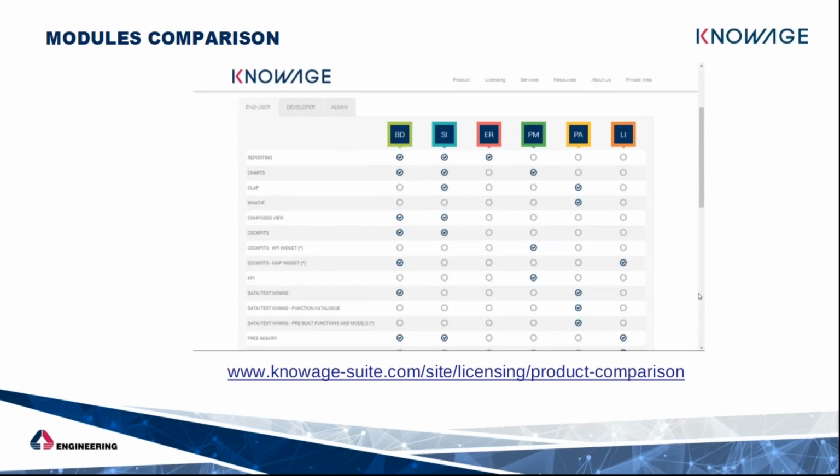The performance management concerns the ability to measure and evaluate your business performances. In particular, the keyword for this module is KPI, but not only KPI, but also the capability of Knowage to perform real-time computation.